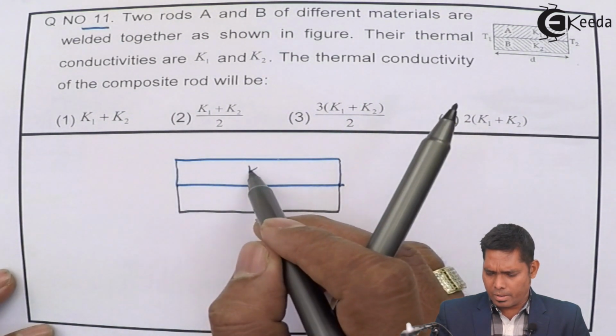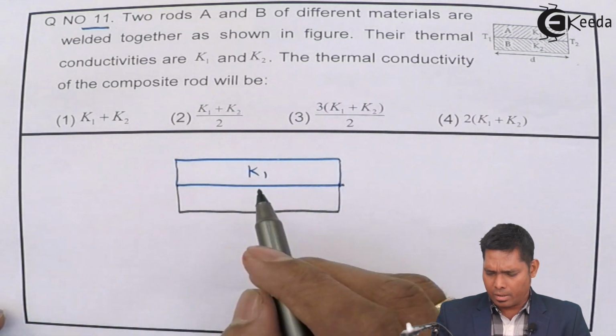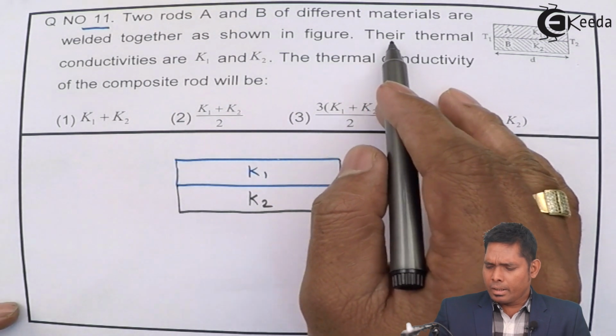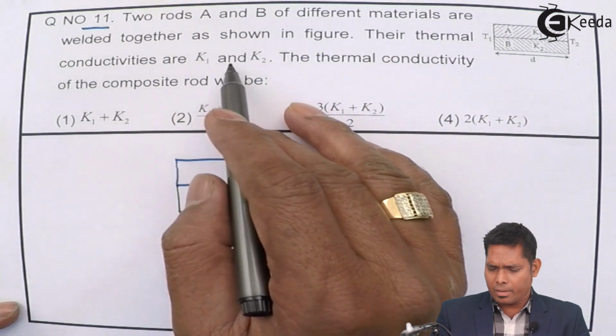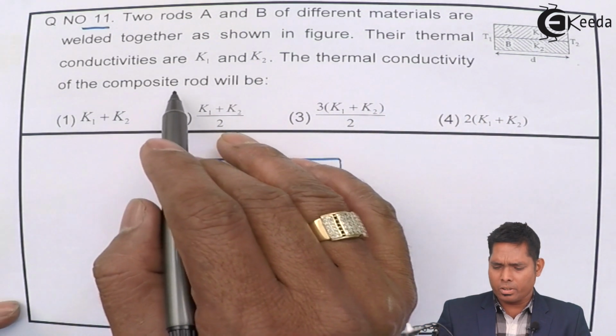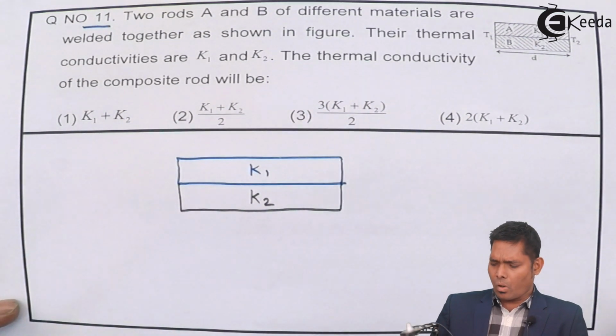Here the thermal conductivity is K1 and here it is K2. The thermal conductivity of the composite rod will be of the combination.